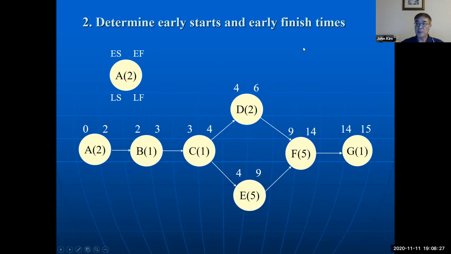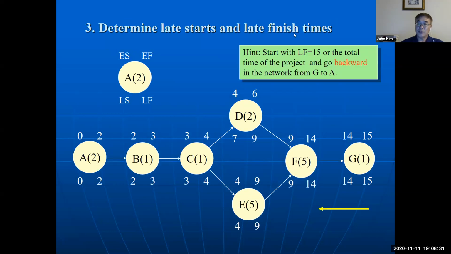The next step is to determine the late start and late finish times. To figure out the late start and late finish times, we go from the last activity backward. So the finish time is 15, minus 1 is 14, and then 14 minus 5 is 9.